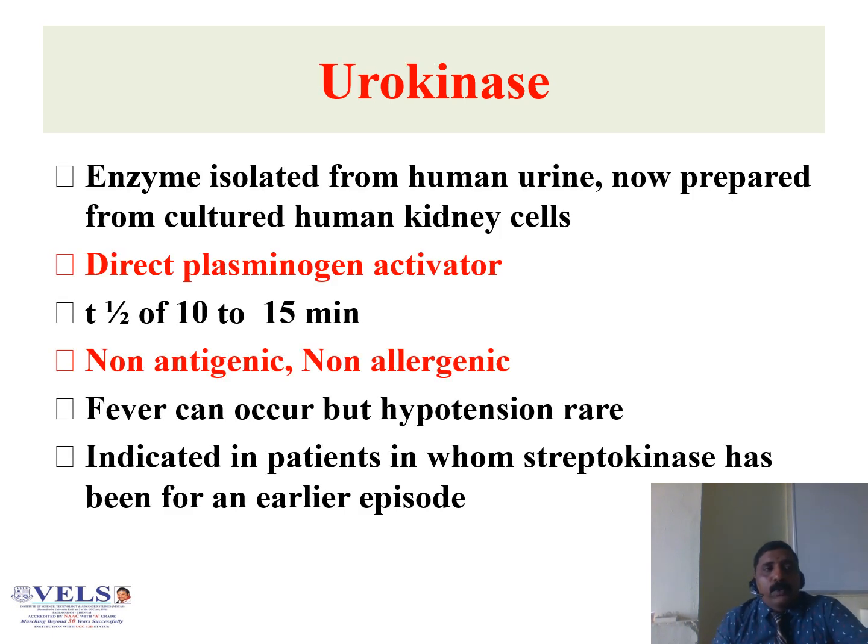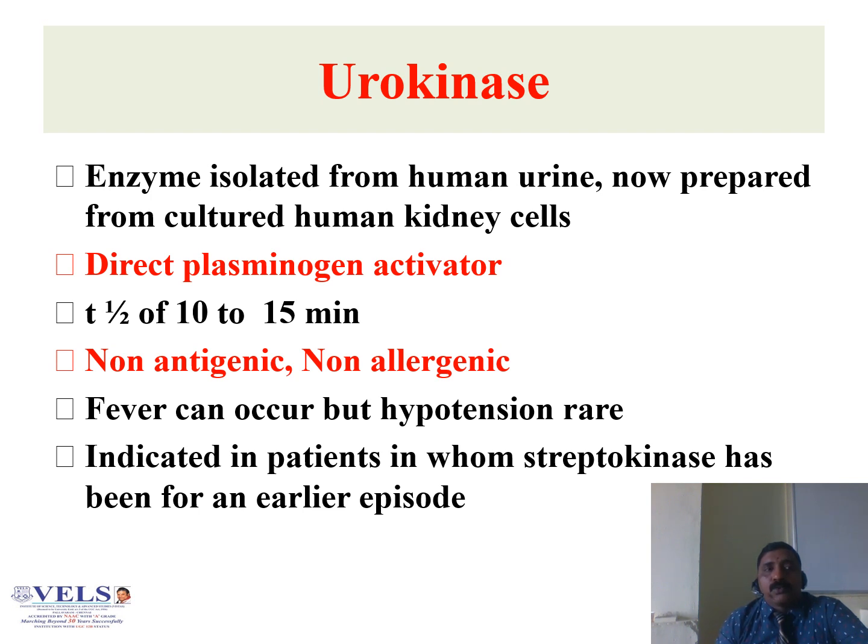The next drug is urokinase. It is an enzyme isolated from human urine. Now it is prepared from cultured human kidney cells, and it is a direct plasminogen activator. Very important: it activates plasminogen directly.